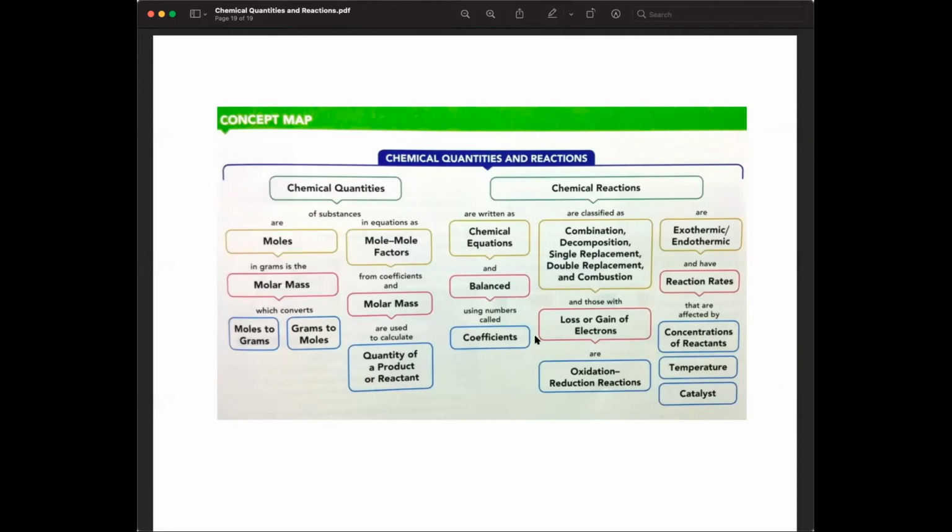We also learned about oxidation reduction, where there's an actual gain or loss of electrons, and they are energy producing reactions in our body or in nature. Okay. Now, we also learned about exothermic, endothermic reactions. We learned about activation energy here. We learned about reaction rates. And we learned how they are affected. There are three things that affect the reaction rates: concentration of reactant, temperature, and catalyst. Okay.